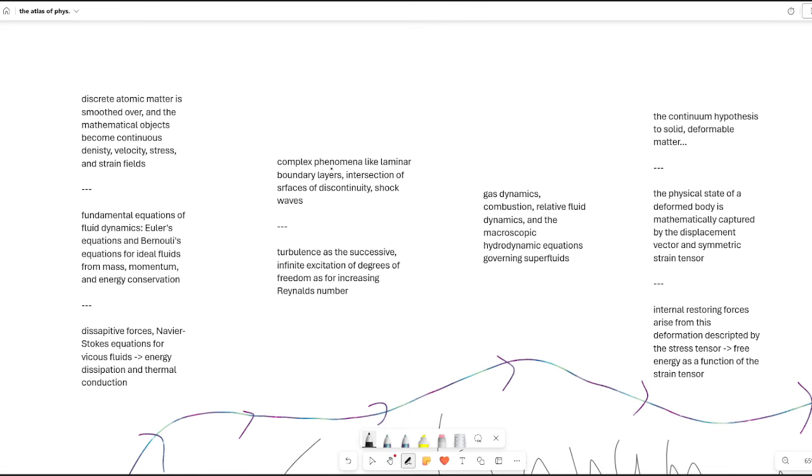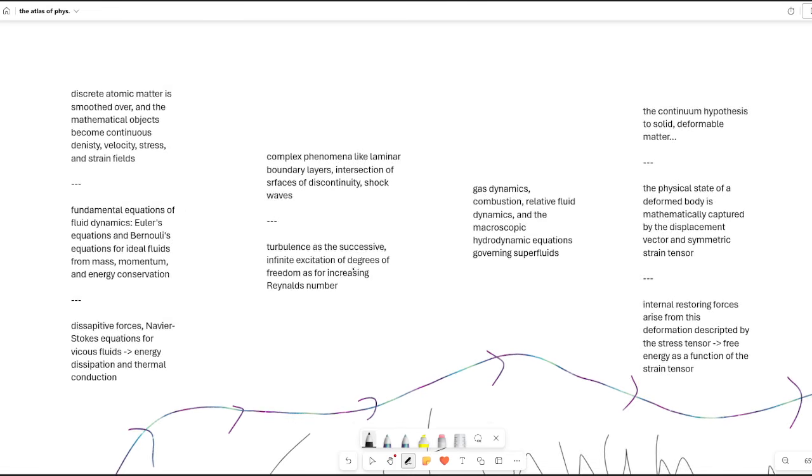You probably should also, if you've never seen laminar flow before, you should quit the video, go look it up. It's pretty interesting, and go down that rabbit hole. It's a pretty interesting phenomenon. Turbulence itself is a successive infinite excitation of degrees of freedom for increasing Reynolds number.